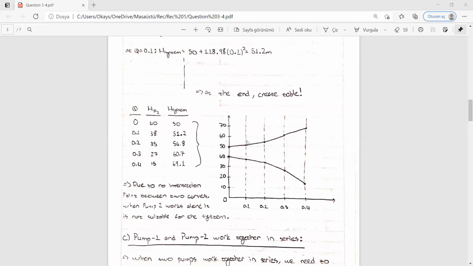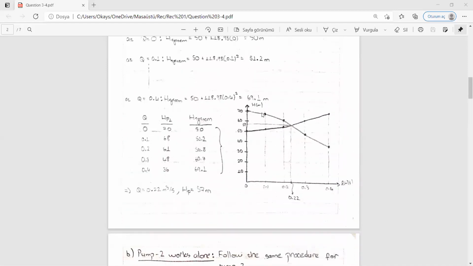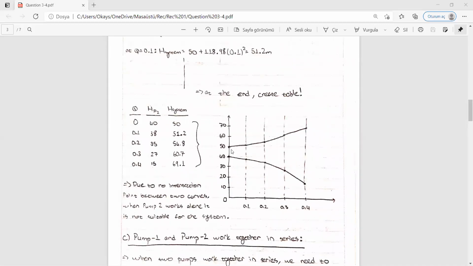If you remember, in the first part, they were coinciding, and we accepted this point as our operating point, okay? And we said our discharge is this much, and our pump head will be this much. But this time, they are not coinciding, so we don't have any operating point, so we will say pump 2 is not suitable for this system to work alone, okay?